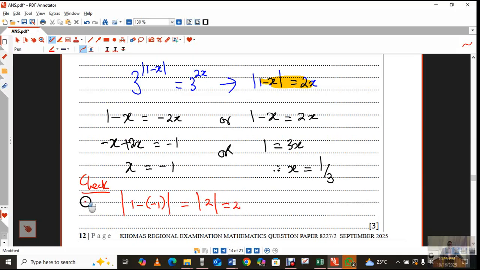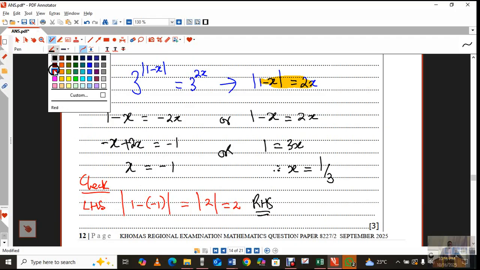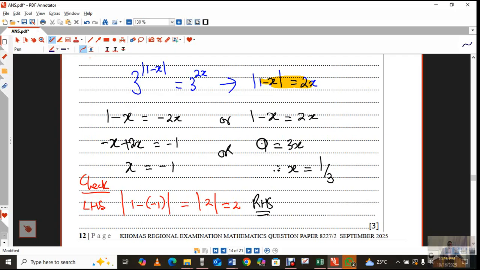So this is what it looks like on the left hand side. Then on the right hand side, if I substitute negative 1 into 2x, then 2 times negative 1, can you see that it's negative 2? Then you can see that the two answers are not going to check out, so x cannot equal negative 1.